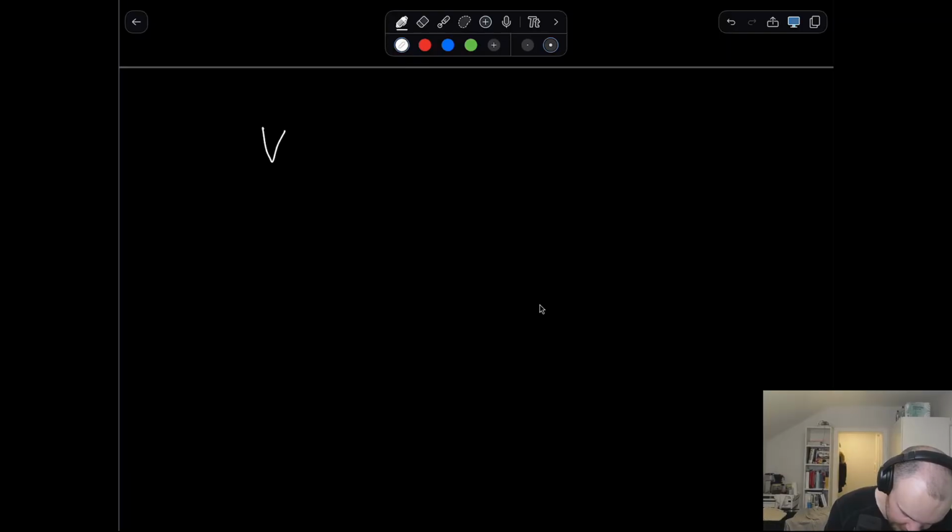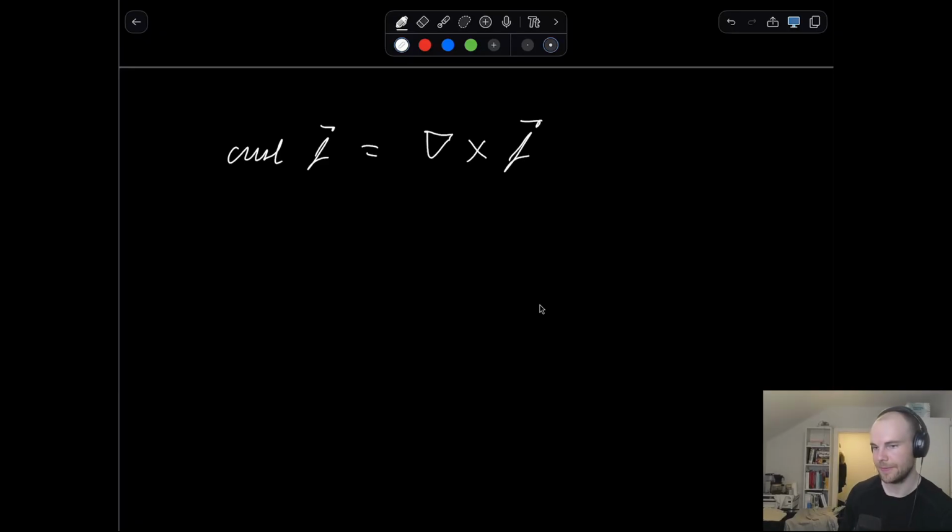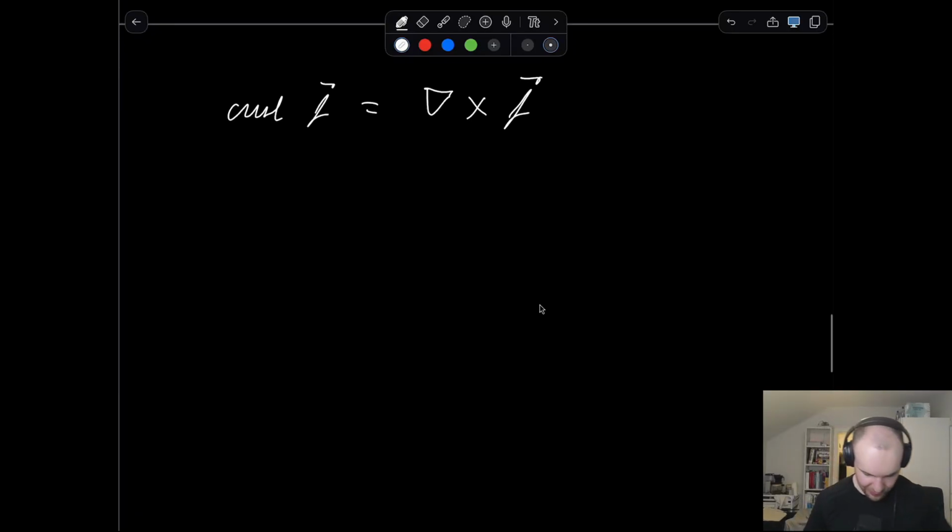But the curl of f is just equal to nabla, and then instead of dotting it, we're just crossing it with f, like that. Okay, we can calculate the formula as well.